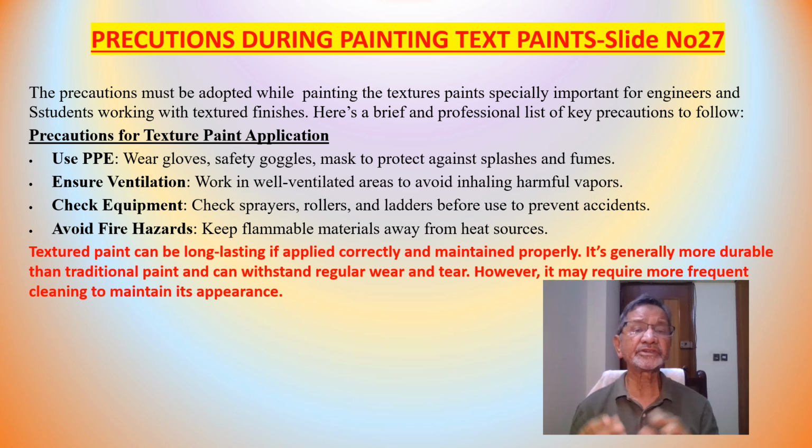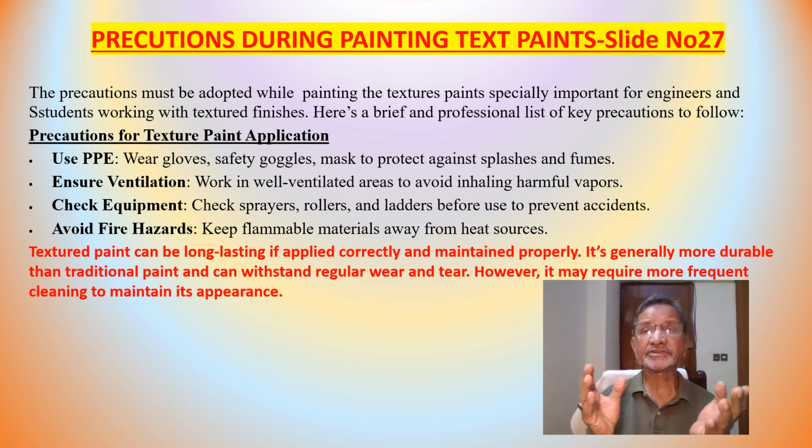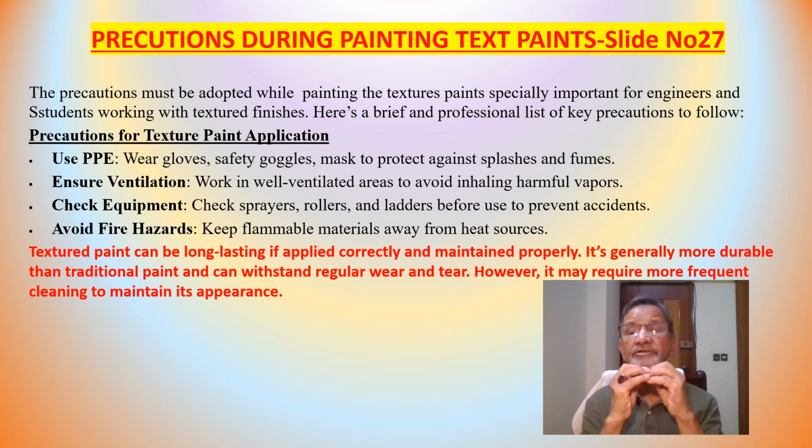Dear viewers, we are in the last slide, number 27. We are going to discuss the precautions we have to take during the painting of texture paint. All types of precautions must be taken so that there should not be any hazard or anything wrong to the painting, or to the workers, or to the engineers.